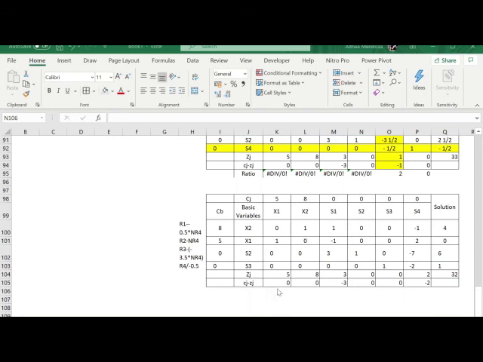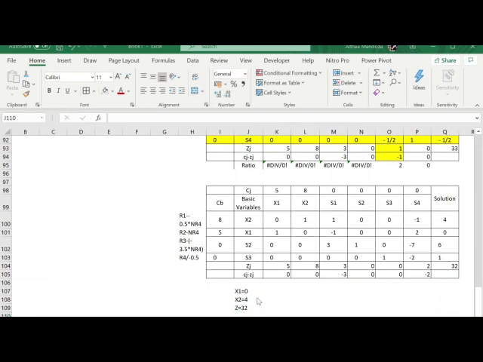So, the optimality is reached and the corresponding results are summarized as: x1 is equal to 0, x2 is equal to 4, x3, wala namang x3, basic lang naman. And then z is equal to 32. So this is our answer.